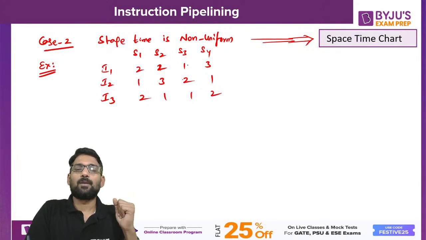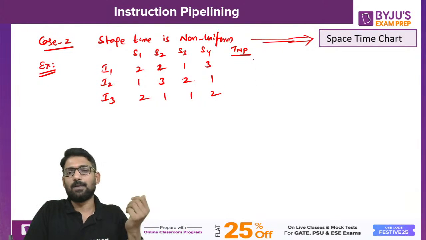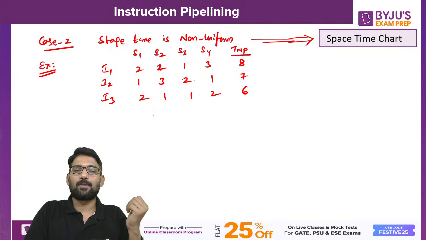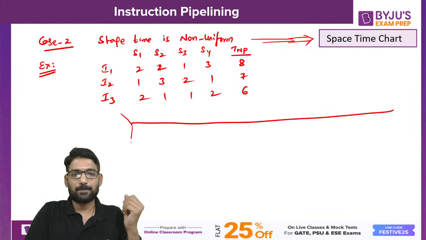if it is non-pipelined, as we know, non-pipeline happens one after another. So just sum up all, which is 4 plus 3 plus 1, 8, 7, 6. But if it is pipelined, then we use space-time chart.